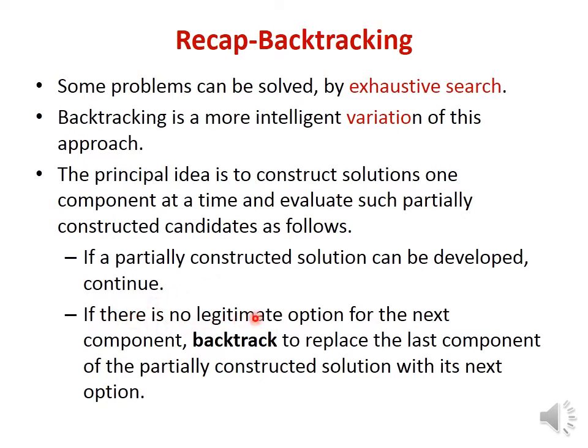Suppose there is no legitimate option to continue, then we backtrack to replace the last component of the partially constructed solution with its next option. So the basic idea is to continue as a depth first search, and if it does not lead to the solution, come back and continue with another option.